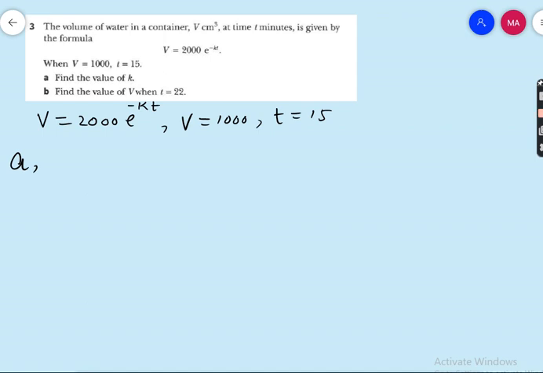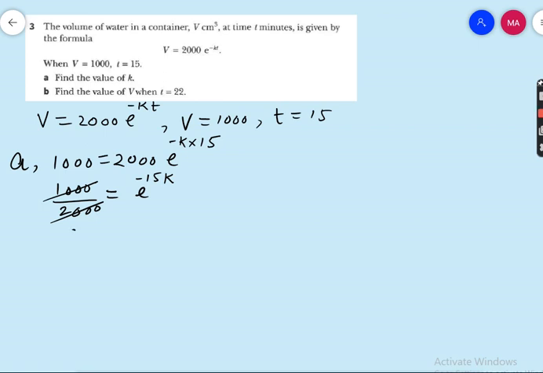Just replace V by 1000, which is equal to 2000 e power minus k multiplied by t. t is 15. 1000 divided by 2000 is equal to e power minus k into 15, which is minus 15k. 1000 by 2 is 1 upon 2, which is 0.5, equal to e power minus 15k.